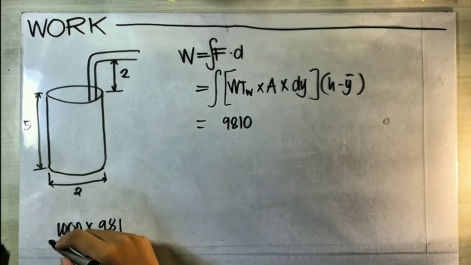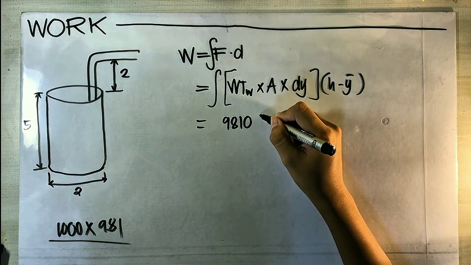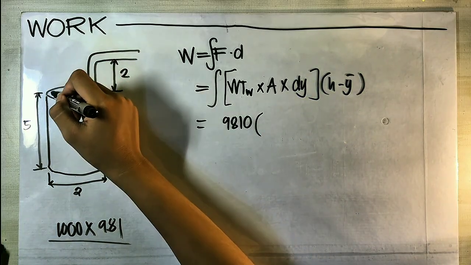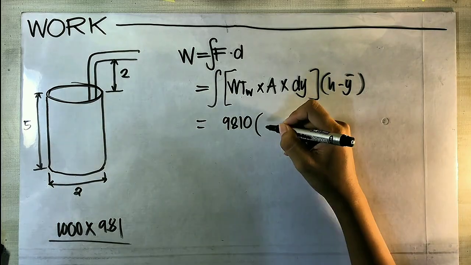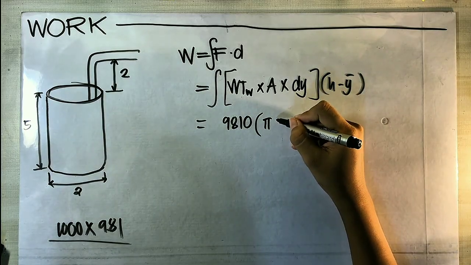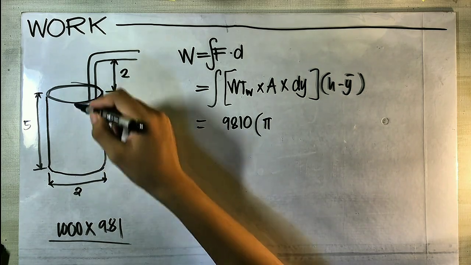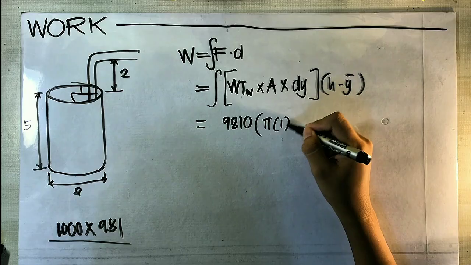That is how we get the unit weight of the water. So we multiply this by the area. Since we have a circular tank, our area is pi r squared, where r is equal to 1, so 1 squared.